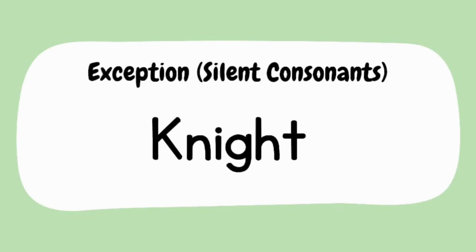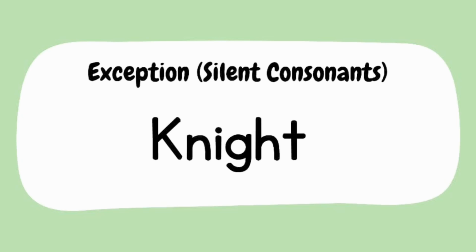It is equally important to understand that in spite of all these rules, we have some exceptions. We have some exceptions to words that have two consonants following each other. Whenever you have two consonants following each other in a word, if one of them is silent, then you do not refer to the word as having a cluster in it.